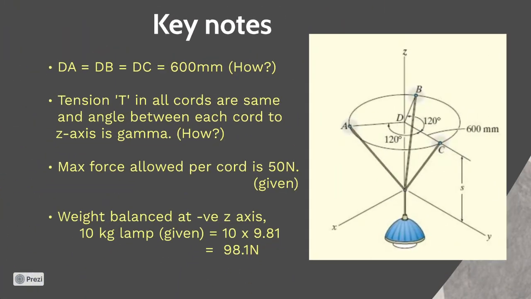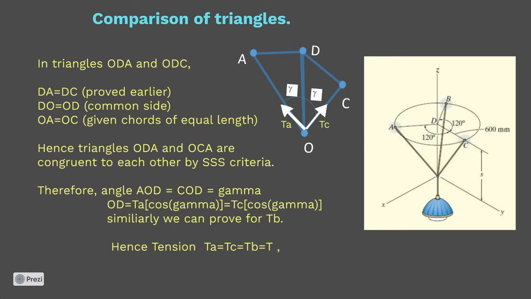Another important piece of information that we can derive from this figure is that tension T in all cords is the same and the angle between each cord and the z-axis is gamma. We can prove this with the help of triangles ODA and ODC as shown in this slide. In triangles ODA and ODC, we can see that DA is equal to DC, which was proved just now.